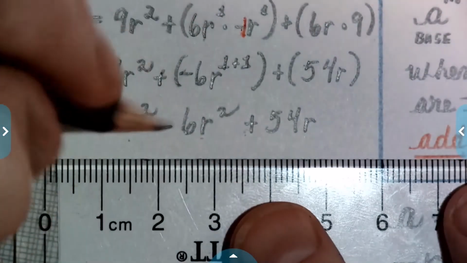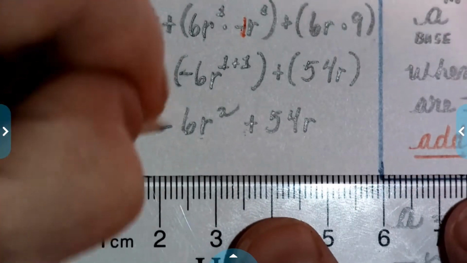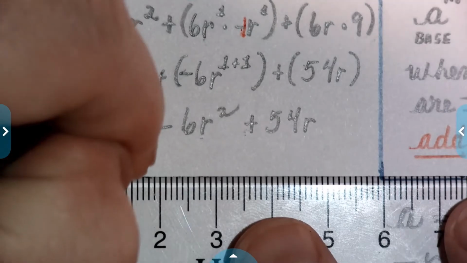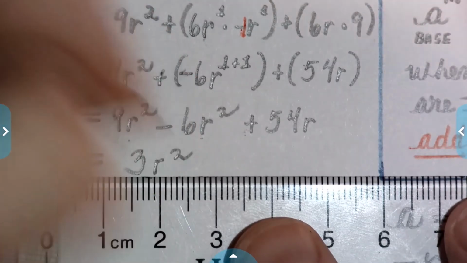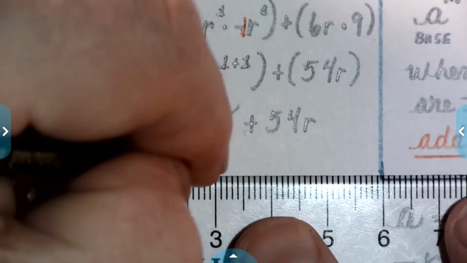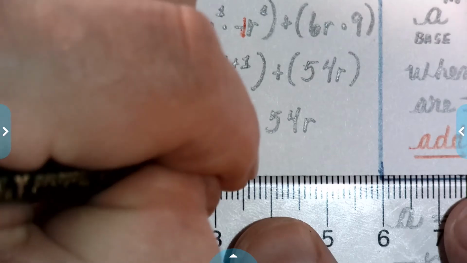And blob is r squared. So, all right, equals 3r squared plus 54r.